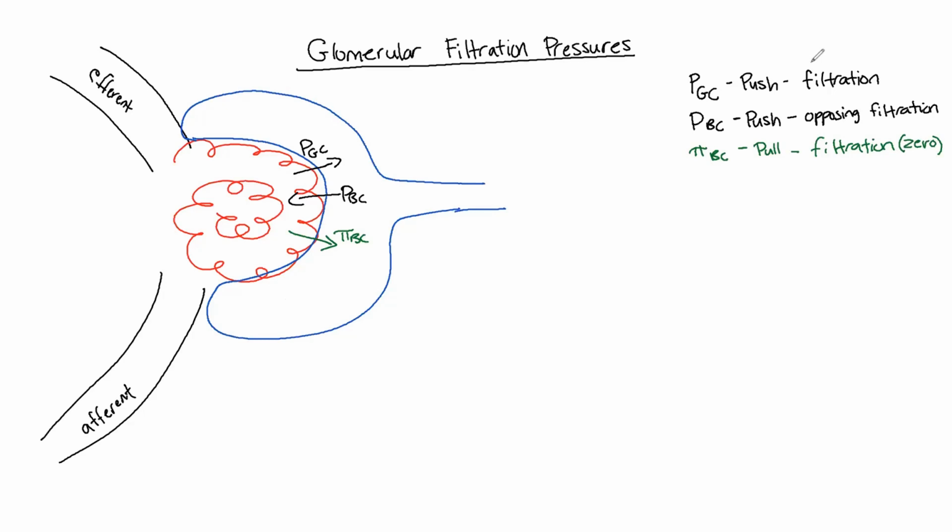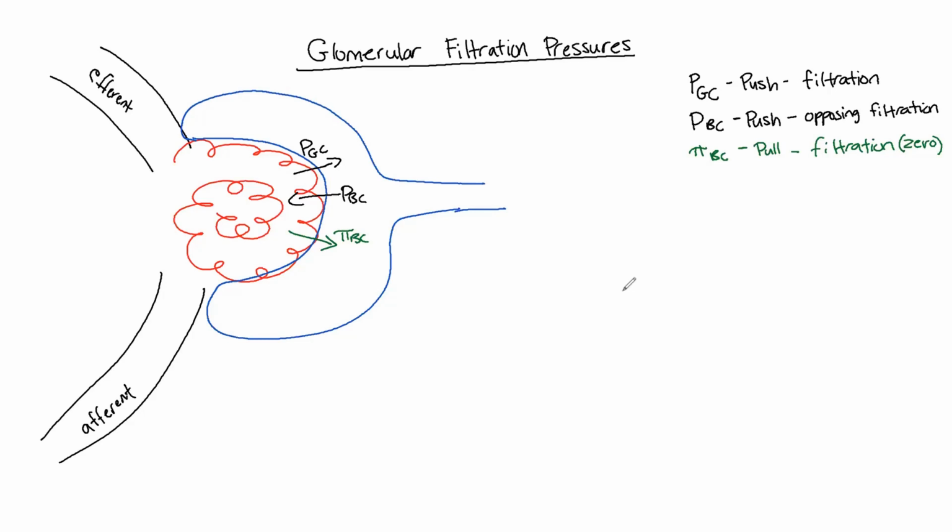Let's see, question. Someone's asking if a force is opposing filtration, would it be a force of absorption? So we're not going to think of it as being absorption, because we know that the overall net movement of fluid is out of the capillary. And so it's just opposing filtration, but you can associate it with absorption if you're thinking back in terms of comparing it to what happens in the capillary bed.